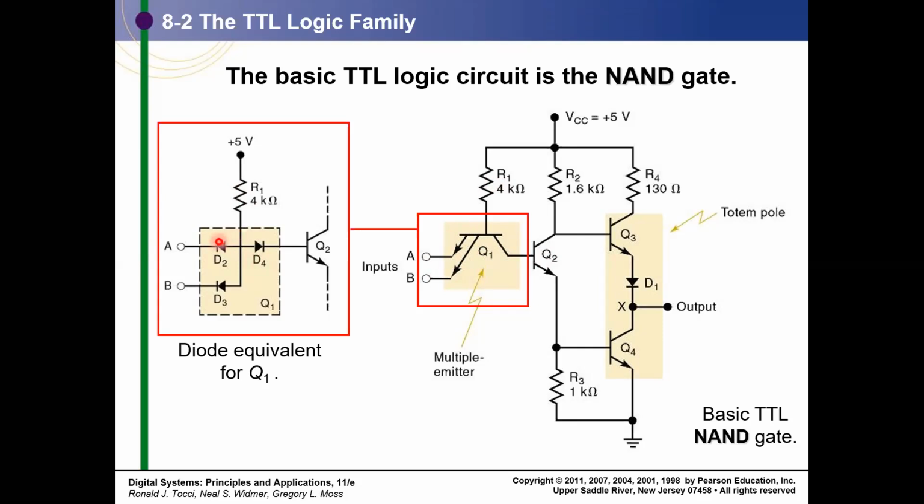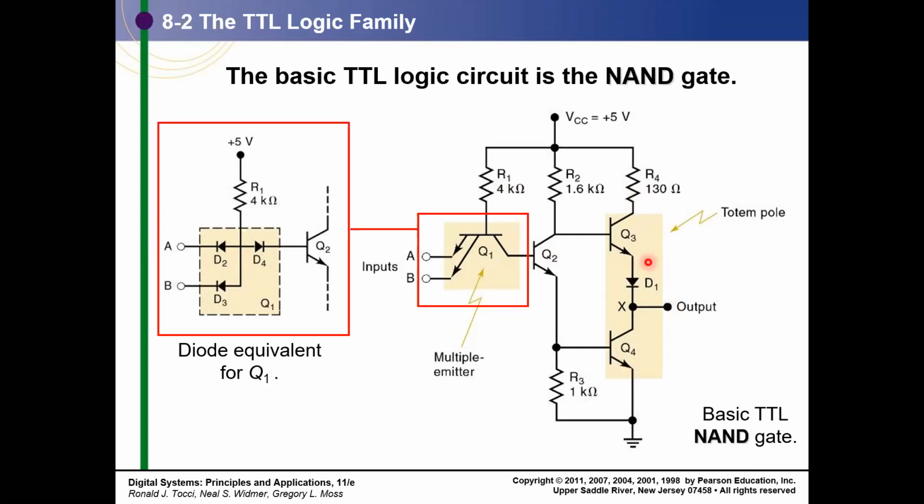So you have every input connected to the negative end, or N end, of the diode, and the P ends connected together to a back to back diode, and then it gives the output to the Q2. Now this is kind of an amplifying stage which passes this signal over there, and this is the totem pole configuration.